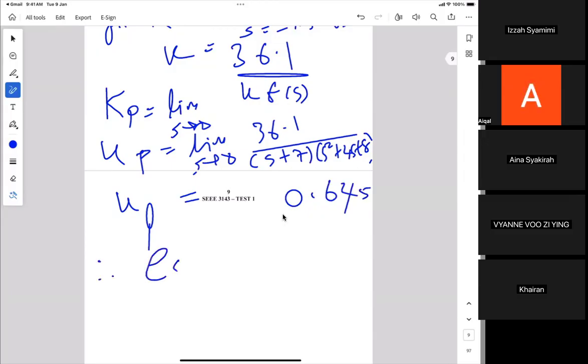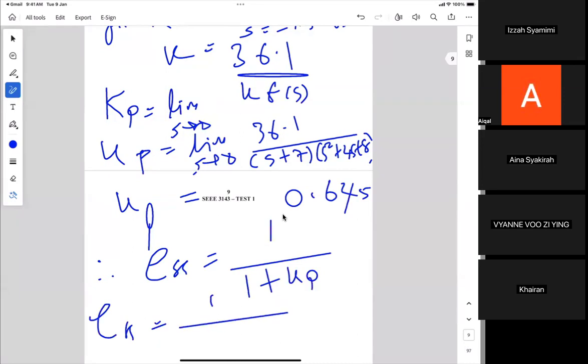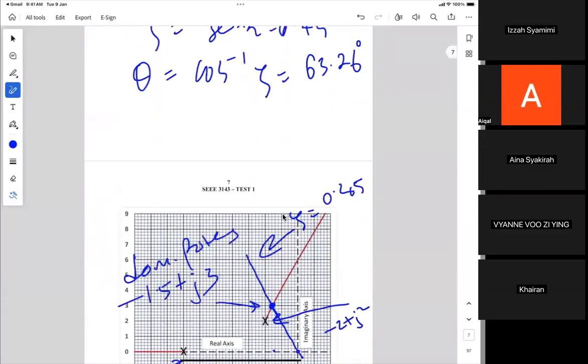Then the steady state error is 0.608. Okay. So steady state error done.